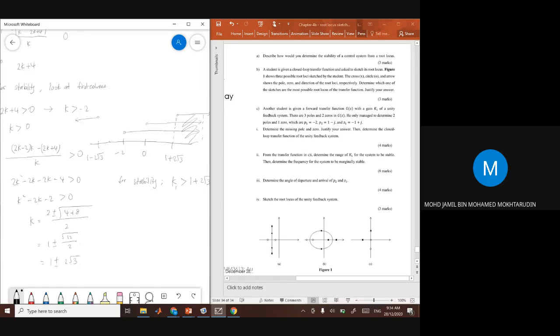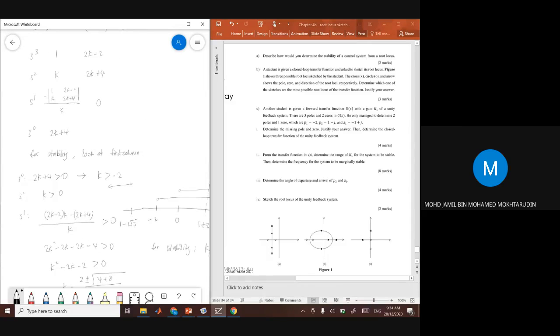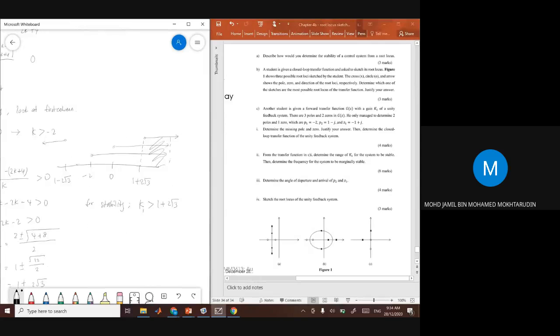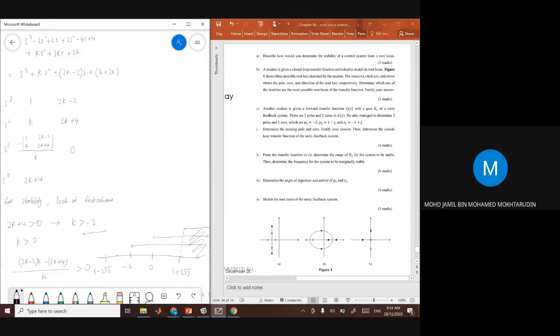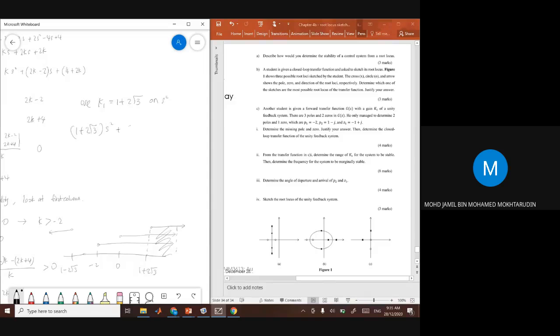Okay, so to determine the frequency for marginally stable, you use this K on row S2. Okay, use K1 equals 1 plus 2 square root 3 on S2. So you get 1 plus 2 square root 3 S squared plus ... equals 0.